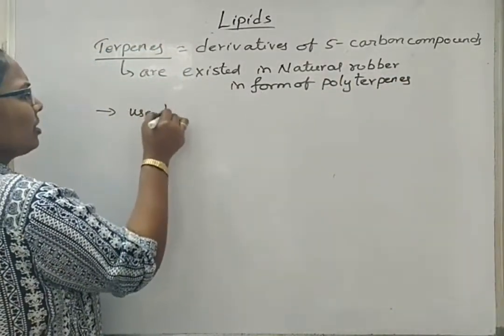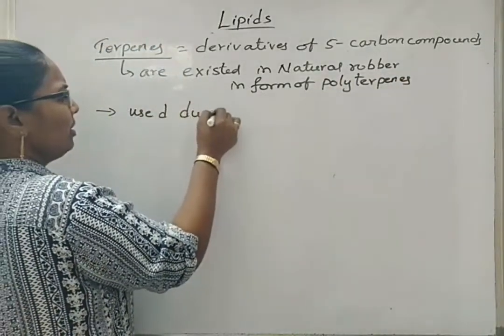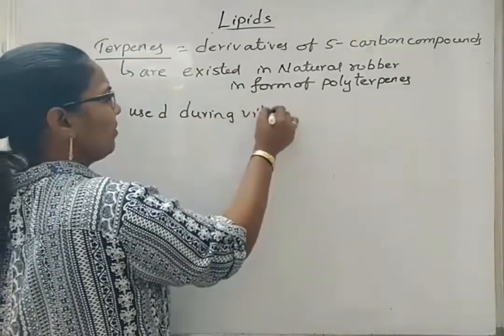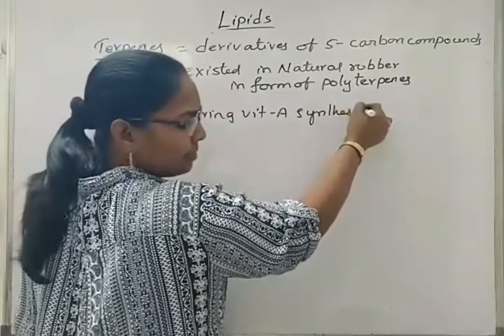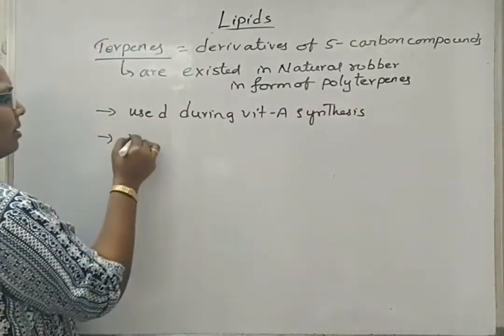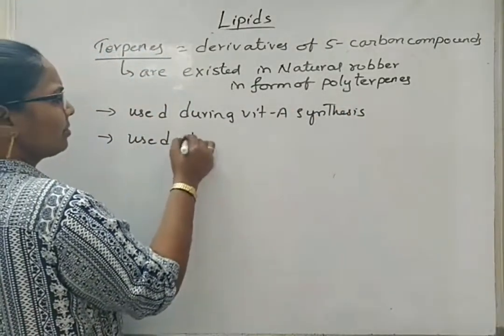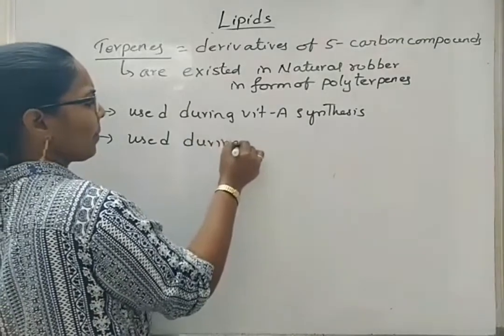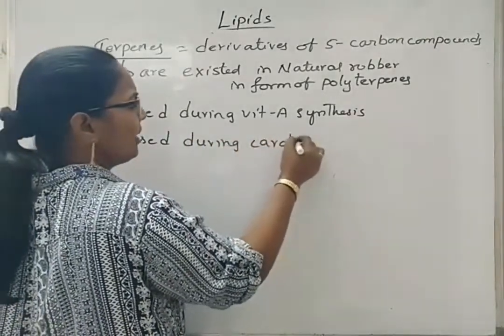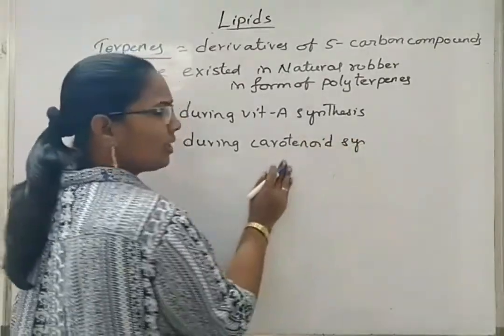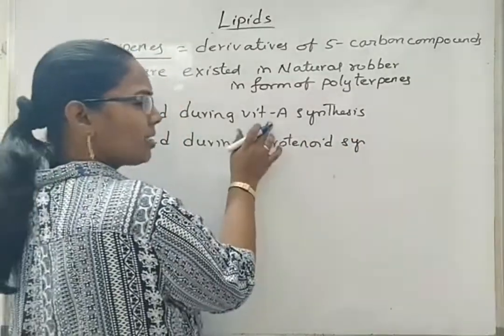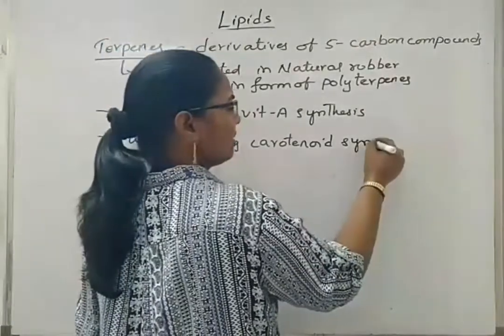These are used during vitamin A synthesis. Next, used during carotenoid synthesis. Carotenoids are considered to be the precursors of vitamin A synthesis.